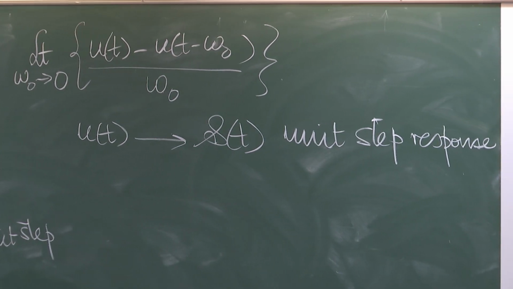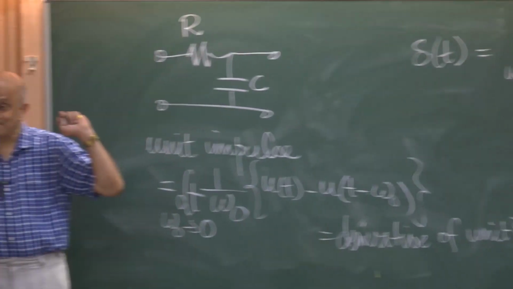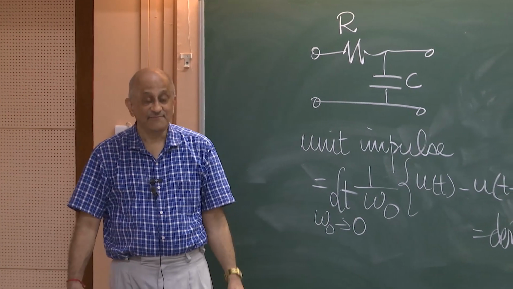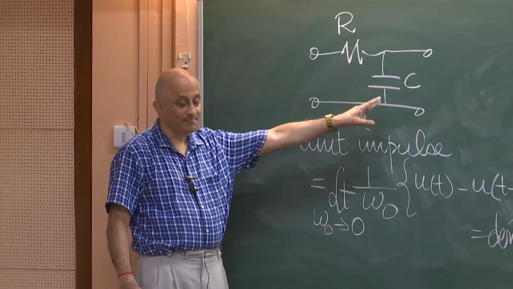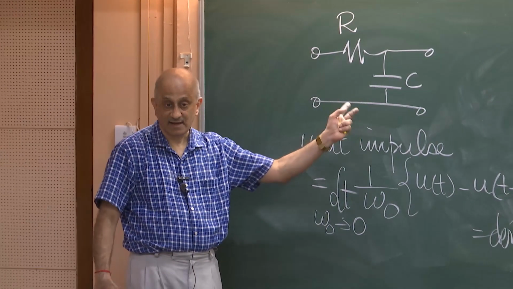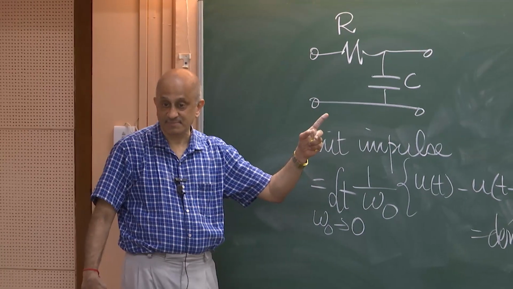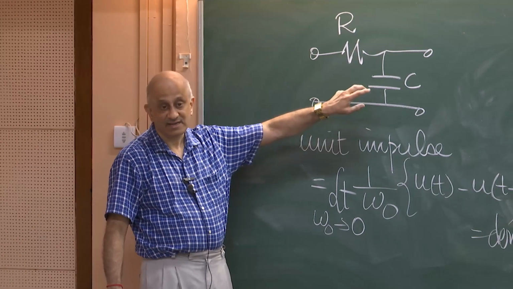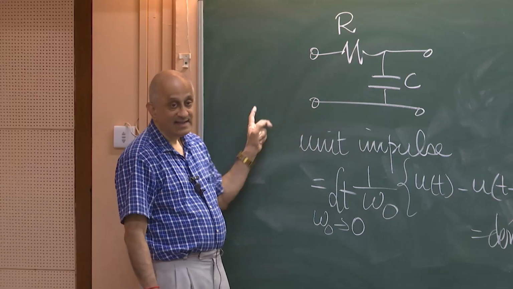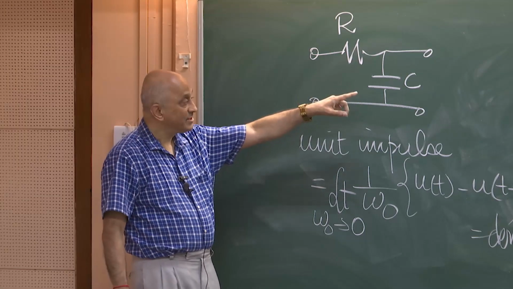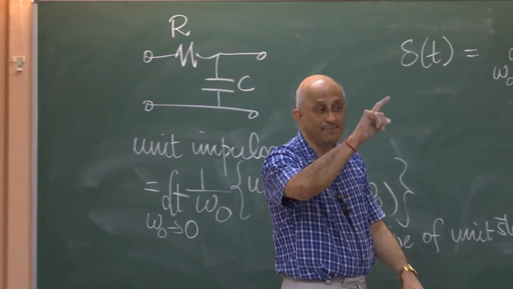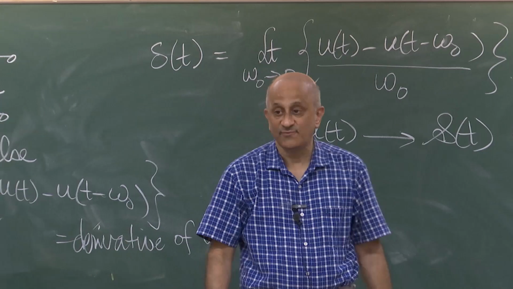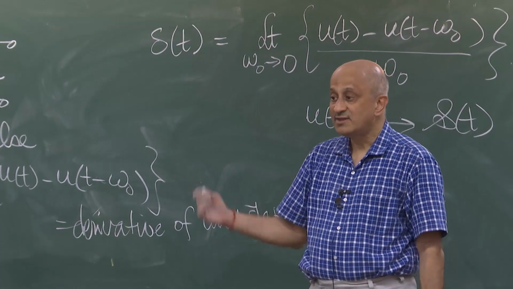Now for this circuit, do you know the unit step response? Of course you do. If I apply a unit step here, the capacitor is initially assumed to be uncharged, right? If I apply a unit step, what is going to happen to the capacitor? It's going to charge exponentially and then remain asymptotically at unit voltage. So that's the unit step response.